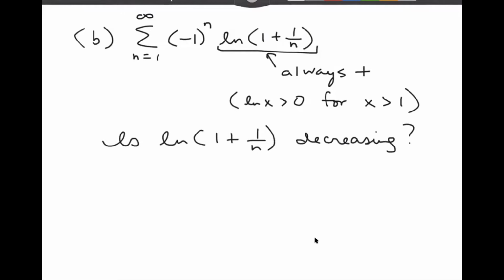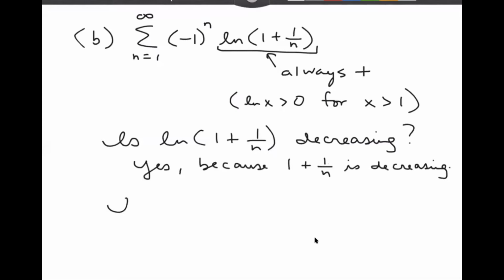And the answer is yes, because 1 plus 1 over n is decreasing. All right, and the last question is, is natural log of 1 plus 1 over n approaching 0?